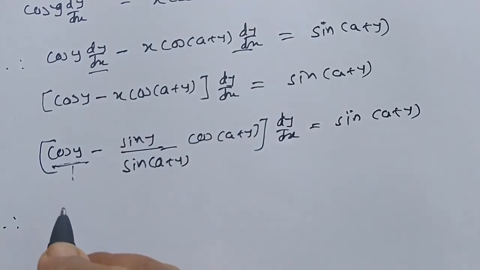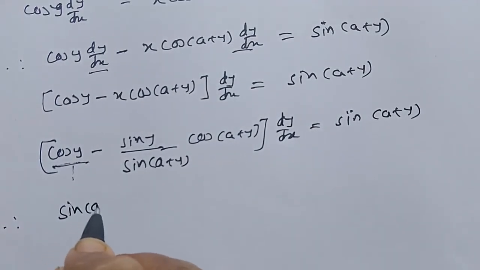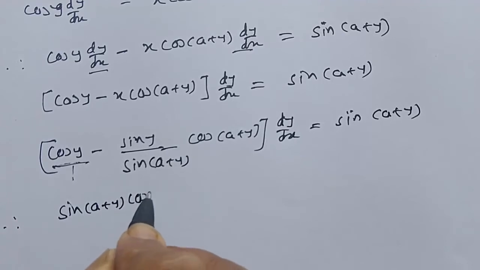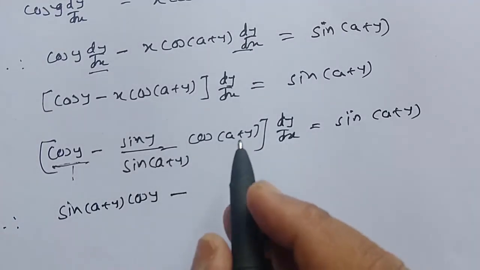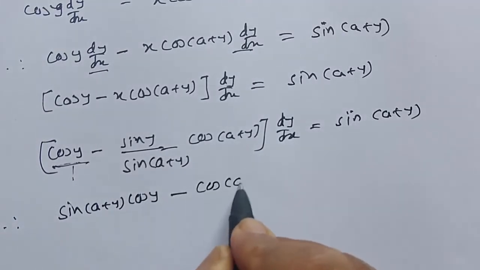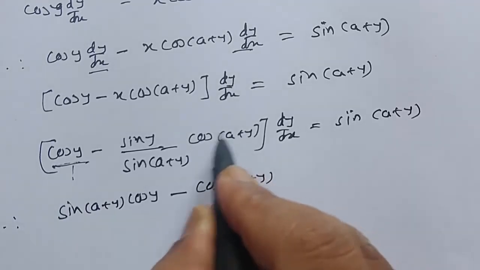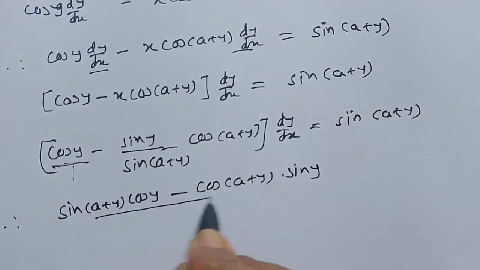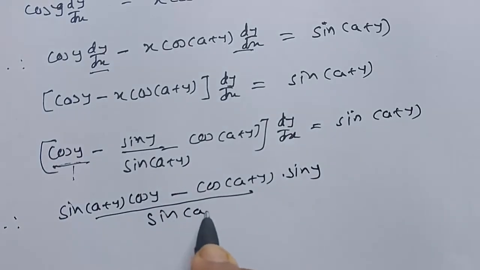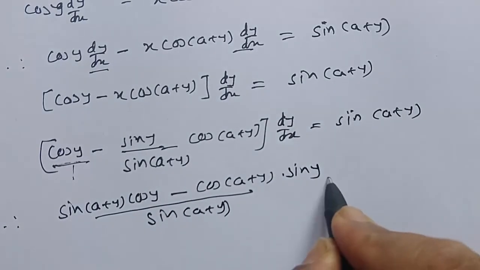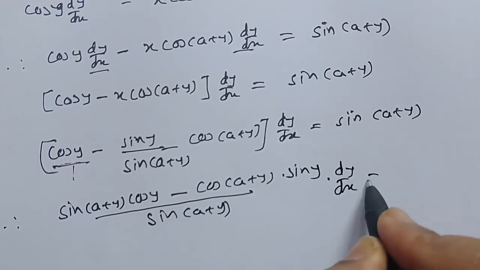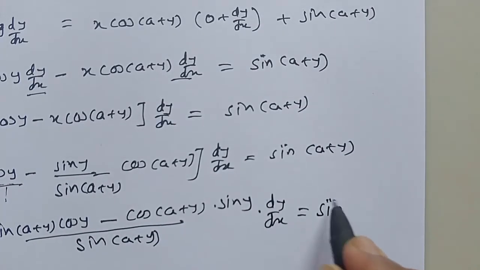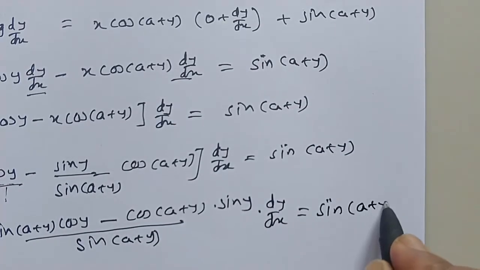Therefore, [sin(a + y) cos y - cos(a + y) sin y] upon sin(a + y) into dy/dx = sin(a + y).